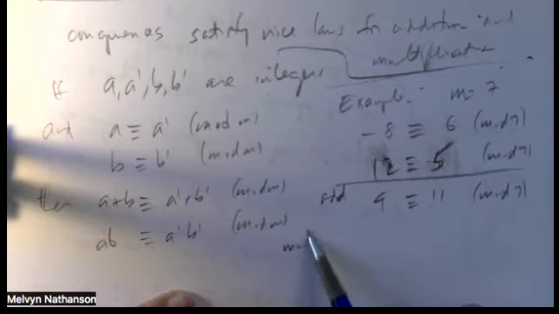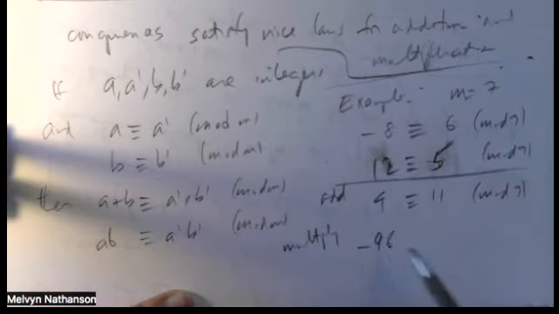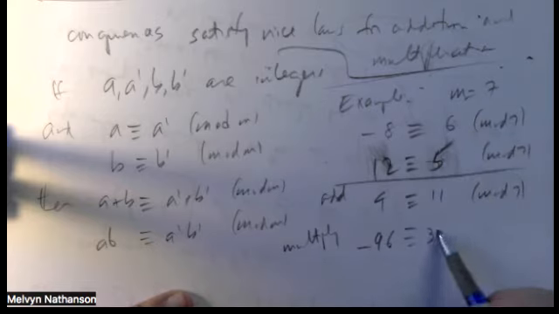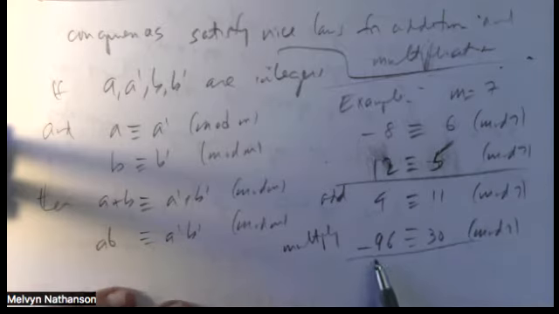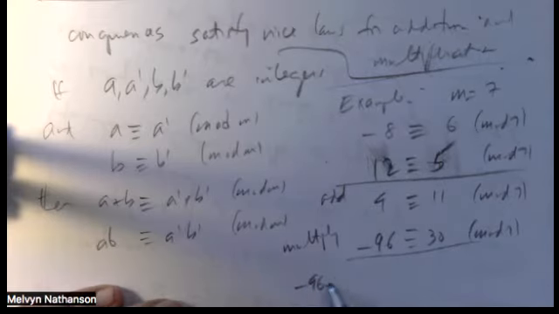If I multiply, you see 12 times minus 8 is minus 96, and 5 times 6 is 30. Is this correct? Is minus 96 congruent to 30 mod 7? So minus 96 minus 30 is minus 126.